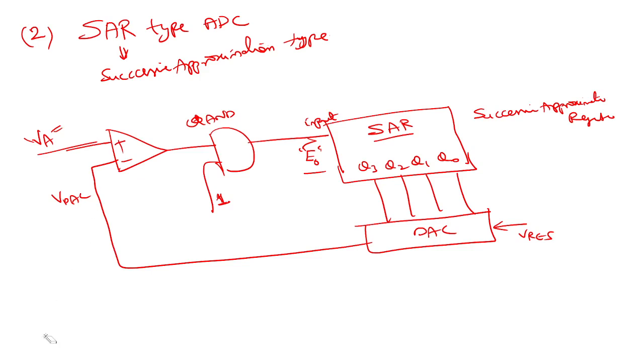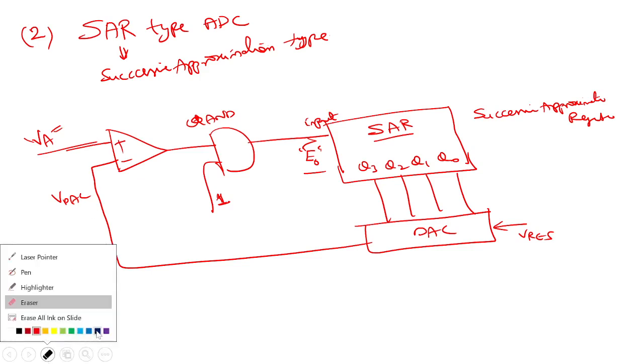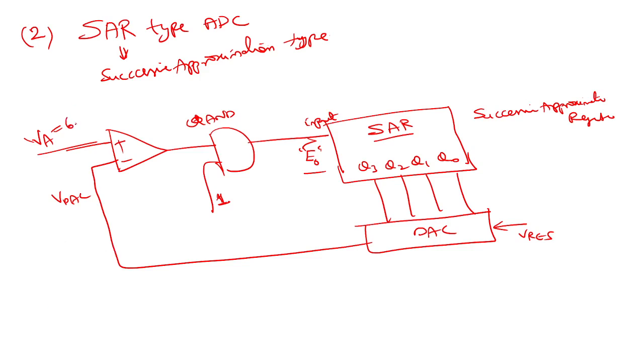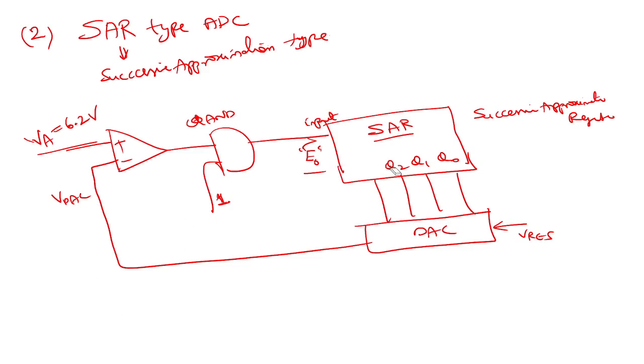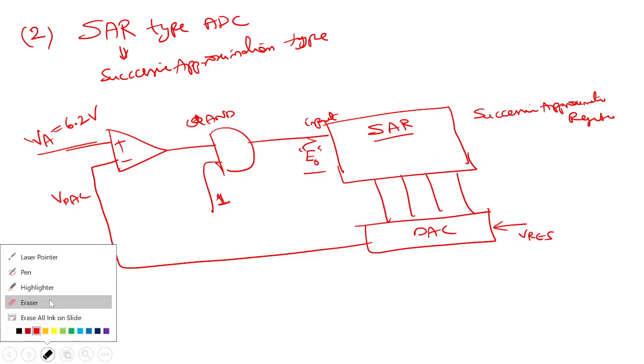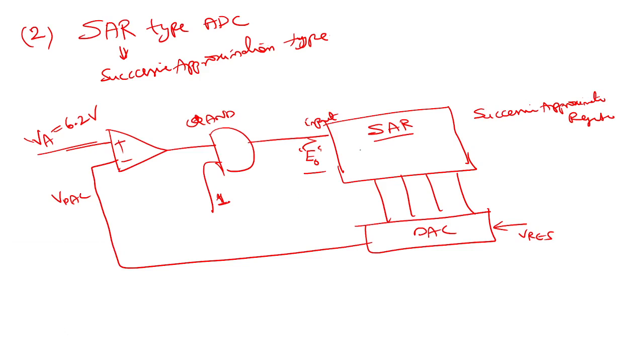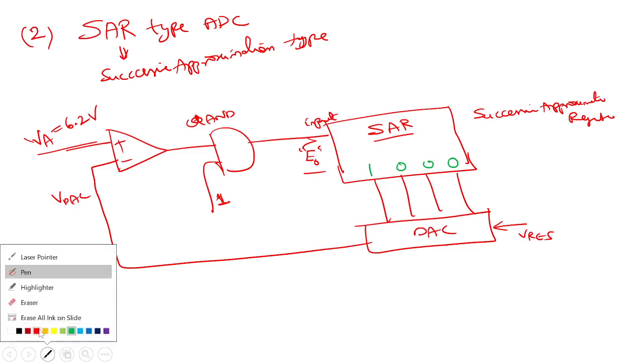For ease of understanding, I will consider the same 6.2 volt and the initial state. Sorry, this is 1000, that is the initial state of this SAR.